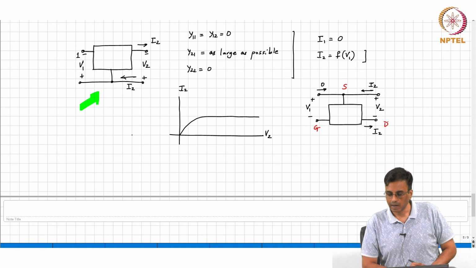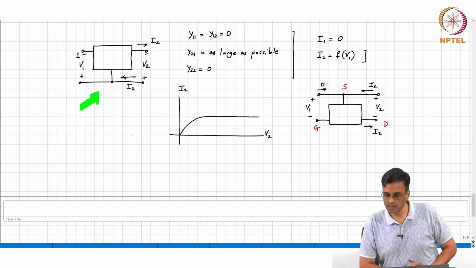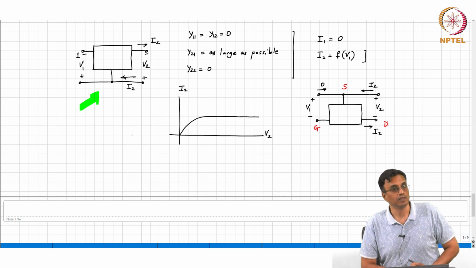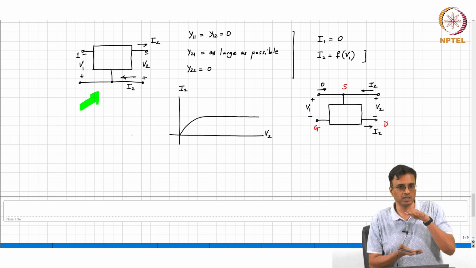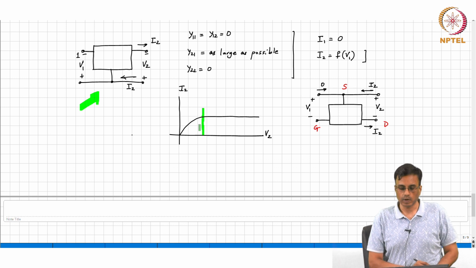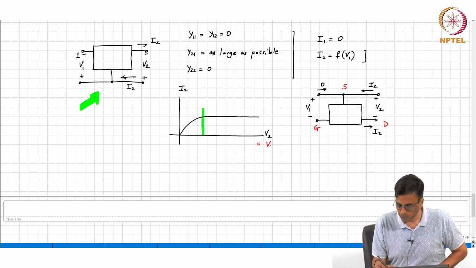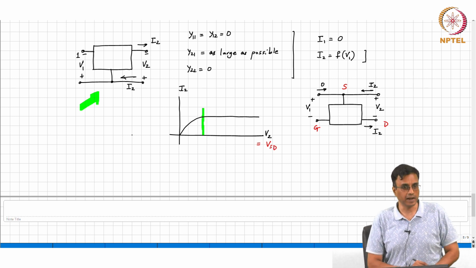Again, the drain current is independent of the drain source voltage or the source drain voltage. Remember, which is now at a higher potential? The source is at the highest potential, the drain is at a lower potential. So, this V2 is also the potential between the source and the drain.